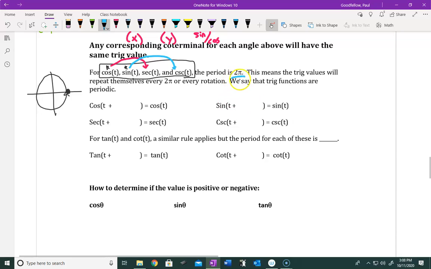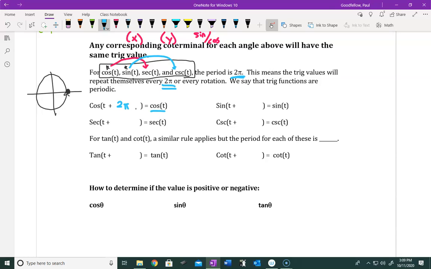So the key here is that if you're dealing with something that has a 2 pi revolution in it, you can unwind the rotation until you're in the exact coterminal spot. So cosine of t is going to be the exact same amount as the cosine of t plus 2 pi. But it's not just every single 2 pi.